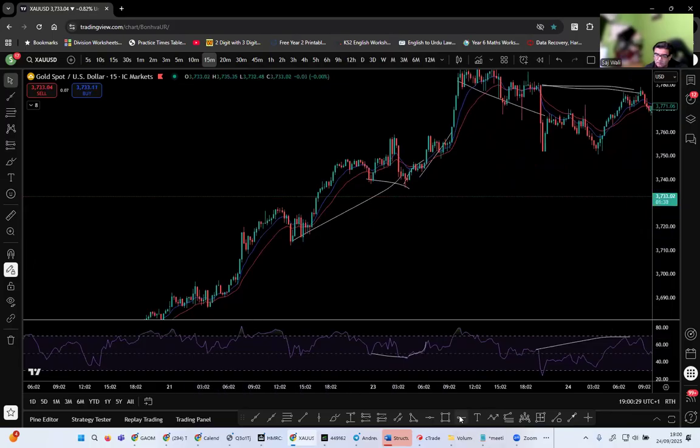Here, look. Let's see if we have a divergence, because some divergences don't work. That's why we use confirmation. And then it's above 50 as well. And if you don't want to trade this, you can trade a crossover here for further confirmation.